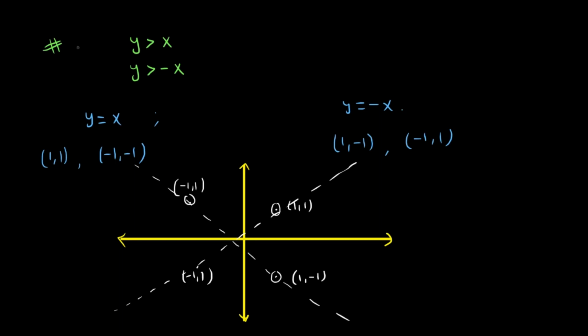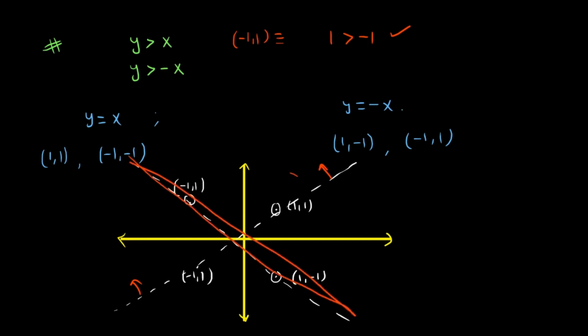And if we put any point, let's say for y equal to x, for y greater than x, which is this line, I want to put negative 1 comma 1 as the test point because it is on the other side. So if I put negative 1 comma 1, it's going to look like 1 is greater than negative 1. Is 1 greater than negative 1? Yes, of course. So this region will be towards this point. And for this line, I'm going to put 1 comma 1 as the test point.